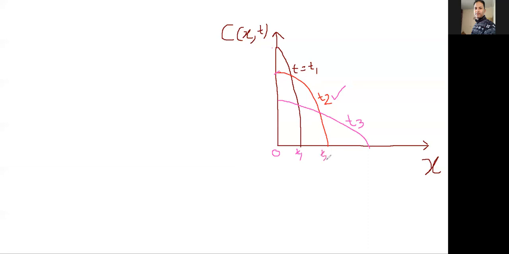And if we allow even more diffusion time, the maximum concentration at the surface will decrease further, the diffusion will extend to a greater distance, and the dopants will reach even deeper. This way, these are three different dopant profiles for three different diffusion times. Here we can note that T1 is less than T2 and T2 is less than T3.